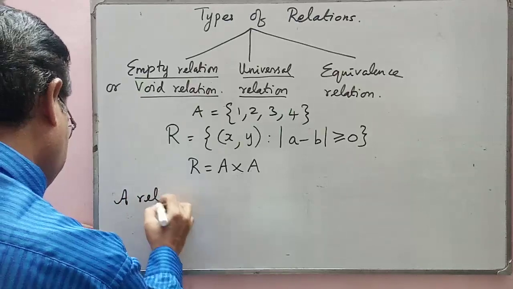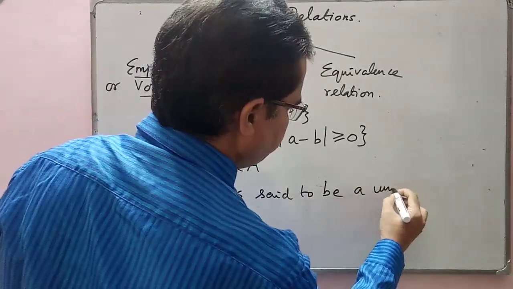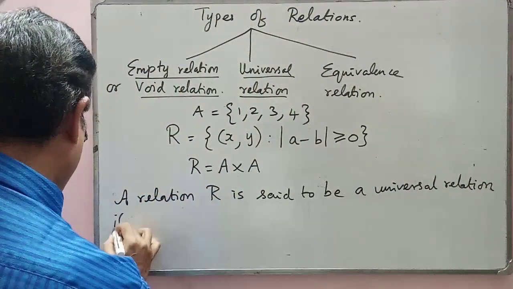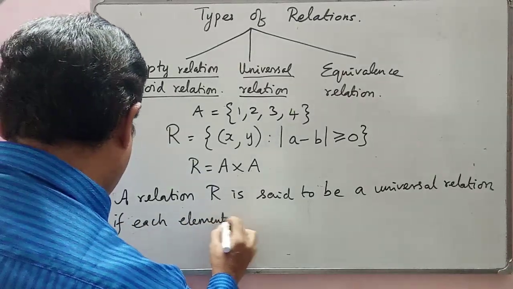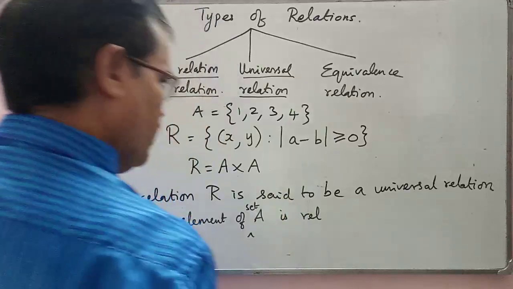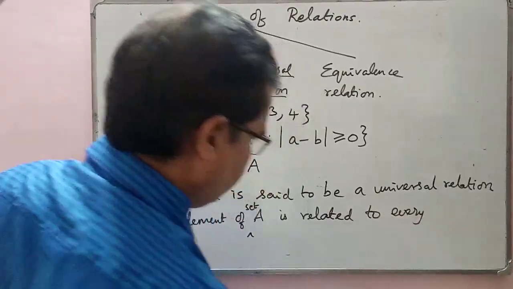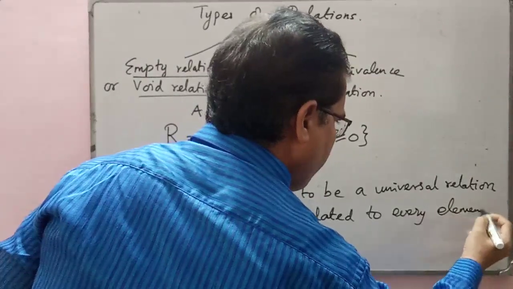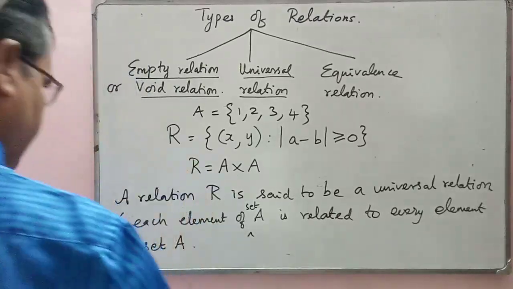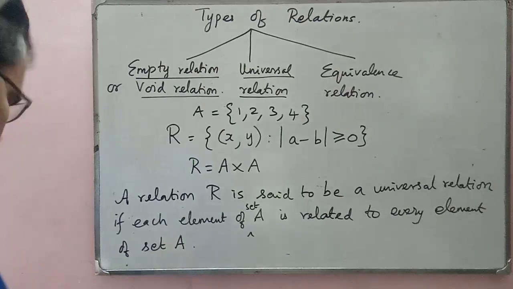A relation R is said to be a universal relation if each element of A is related to every element of set A. That is the meaning of R equal to A cross A. Okay, children, I hope you got that. Very good.